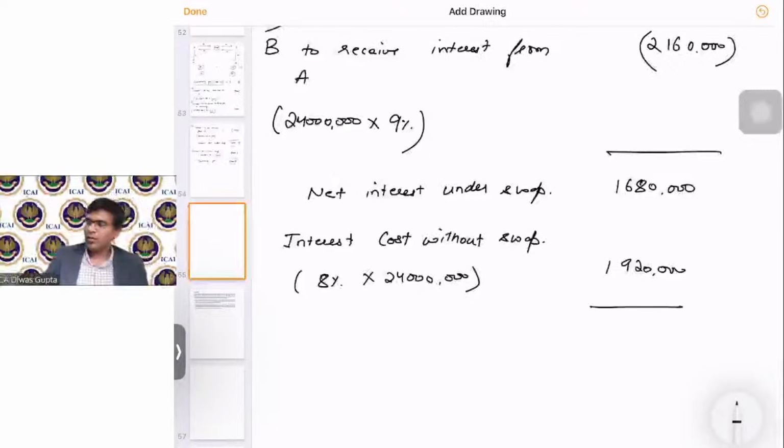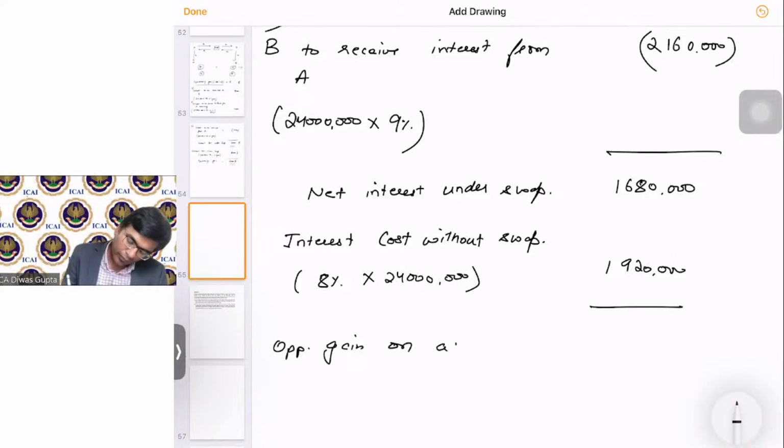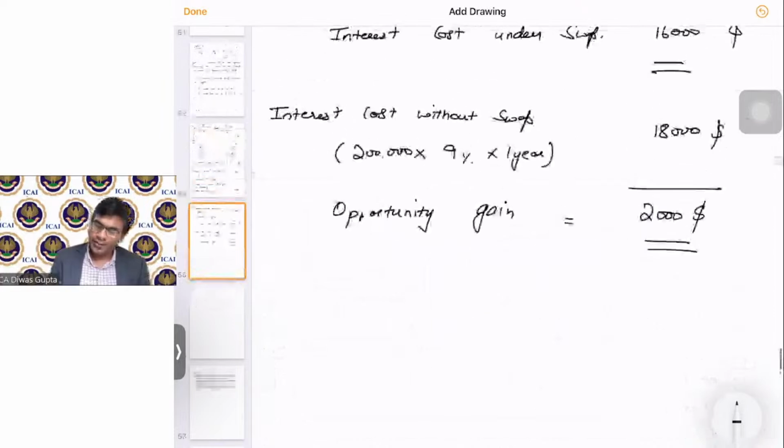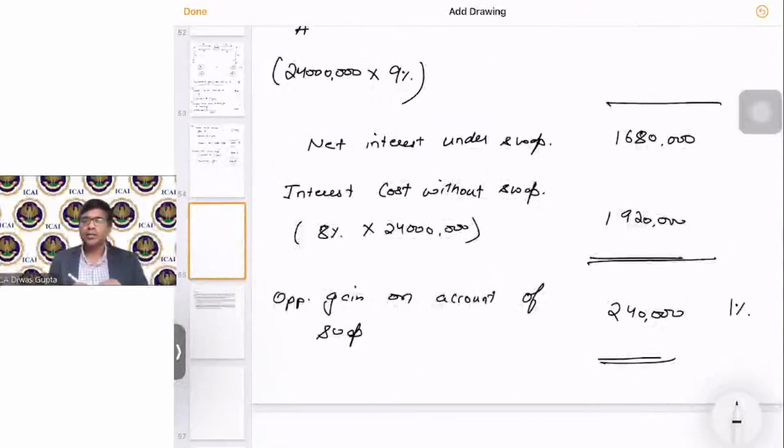The net opportunity gain on account of swap is 2,40,000, which is 1% of the loan amount. And here also it was 1% of the loan amount. So this is 1%. This is also 1%.